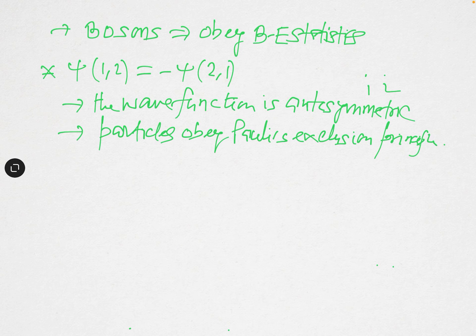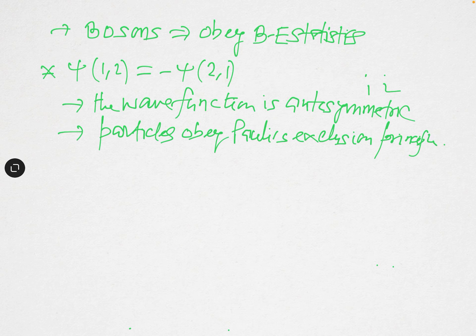And as I have told you, in nuclear physics this principle is variously utilized, and we know that nuclei which have an even mass number are bosons and they do not follow Pauli's exclusion principle, but nuclei having an odd mass number follow the Fermi-Dirac statistics, and they are collectively called fermions, and their wave functions are antisymmetric.